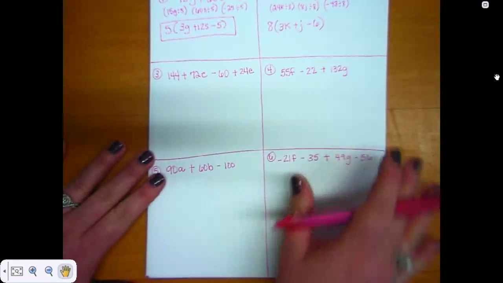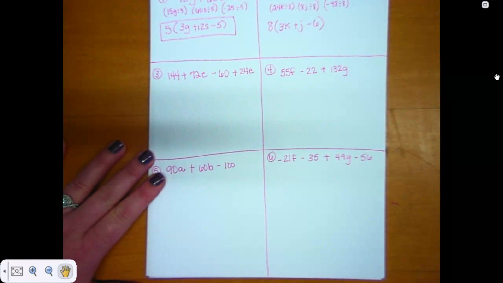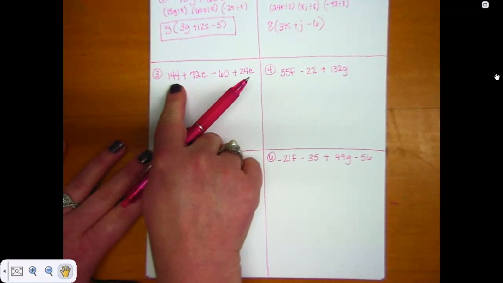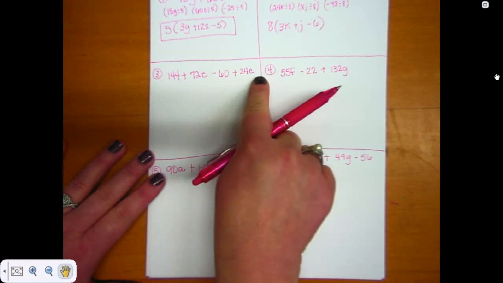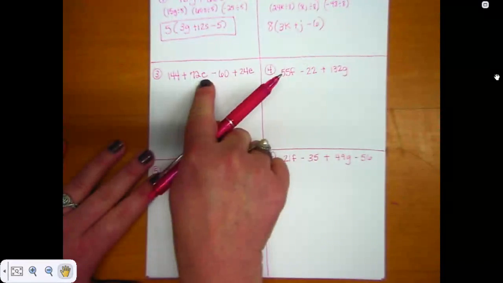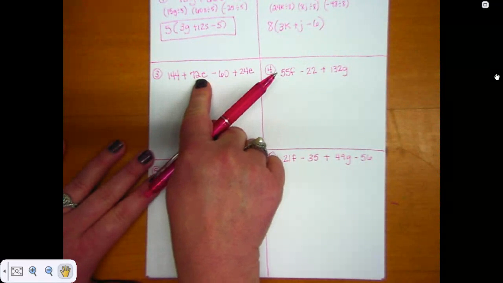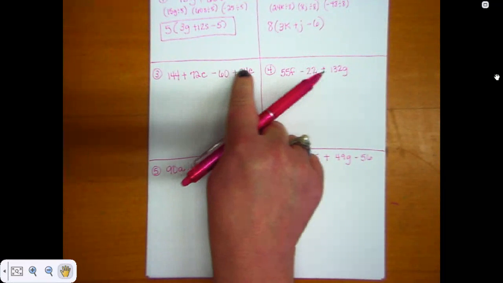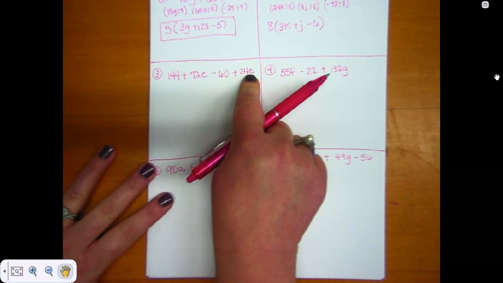We have 144 plus 72E minus 60 plus 24E. Now those are a lot of big numbers, but I do know that this 144 is 12 times 12. So let me see if the rest of these work with 12. 72 is a multiple of 12, 60 is a multiple of 12, and 24 is also a multiple of 12.